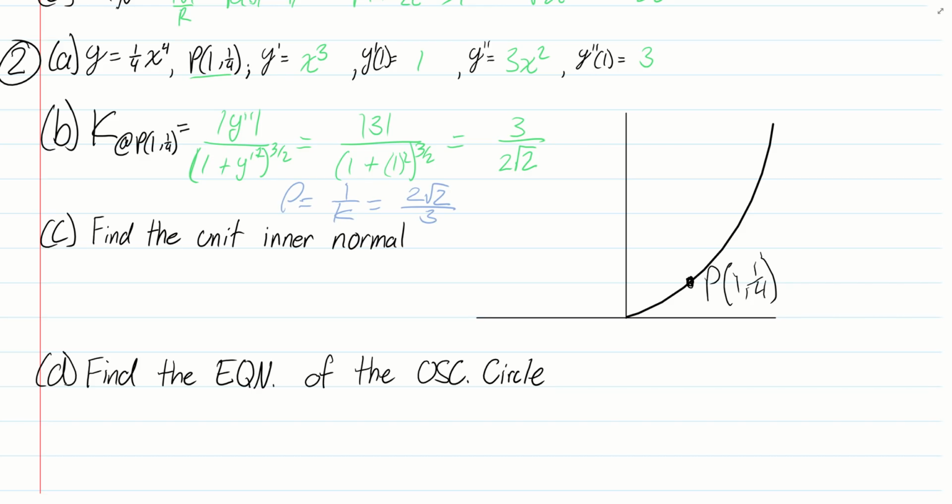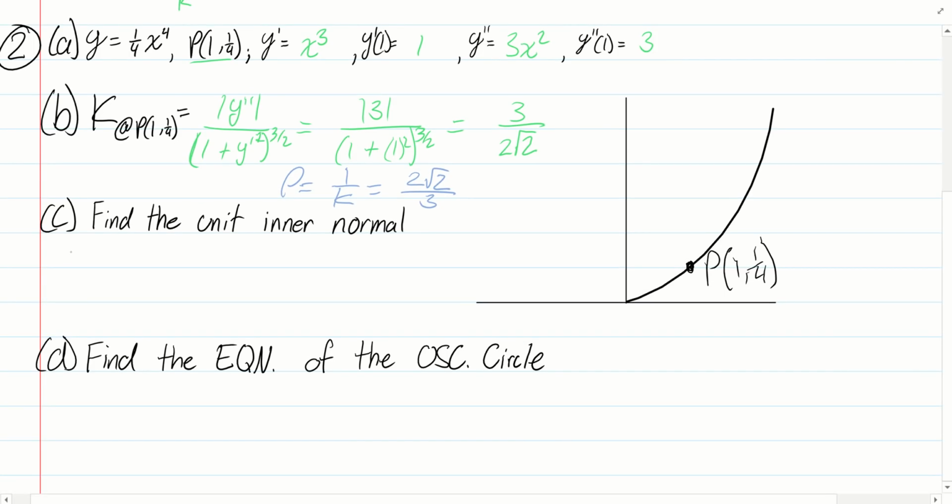So now I need to find the unit normal. So the unit normal is going to be n hat, which equals plus or minus i plus m_n j, where m_n is the slope of what is normal to the point, and this is going to be in the direction from the point to the center, over 1 plus m_n squared to the 1/2.